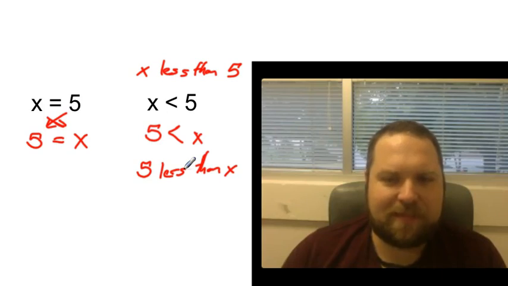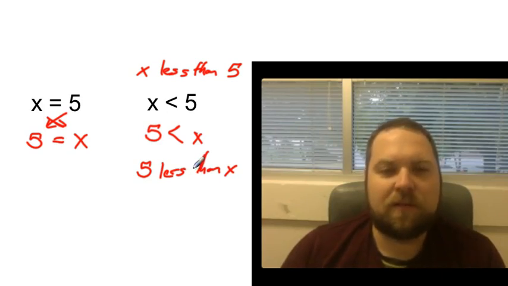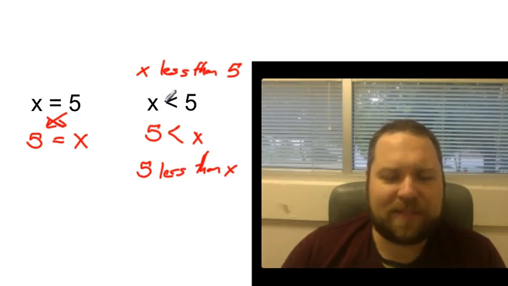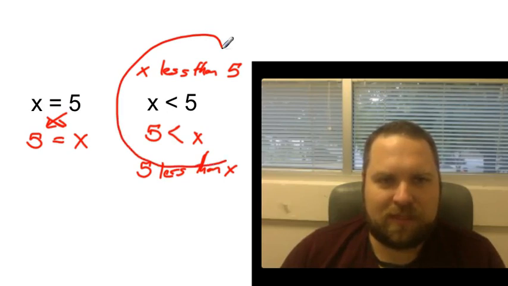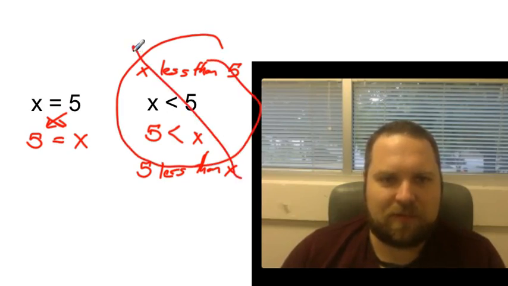And if you stop and think about it for any length of time, those can't both be true. And so what happens is, if I flip the sides of an inequality, if I move the x to the other side and the 5 to the other side and just leave the inequality symbol the same, then I have changed the statement. And this is no good. We do not want to do that.